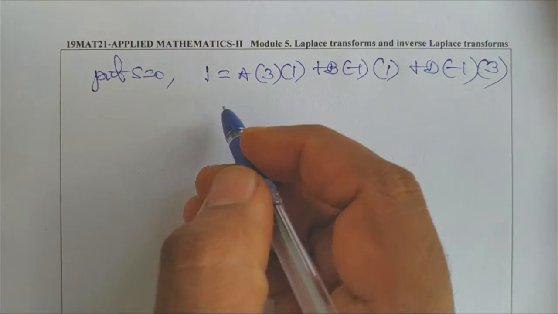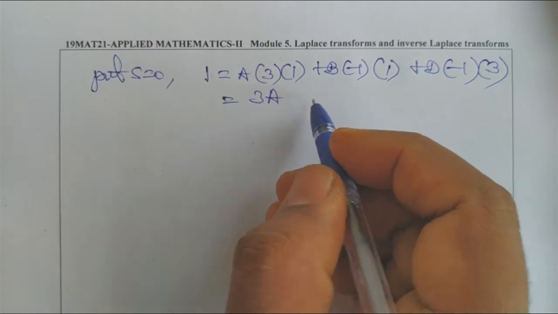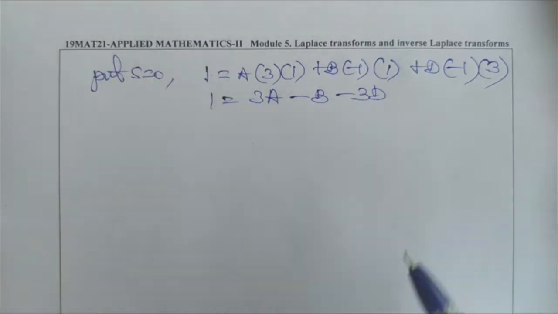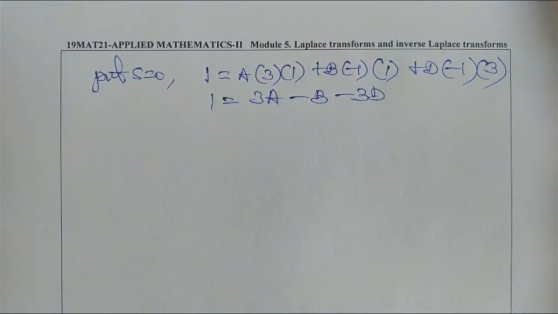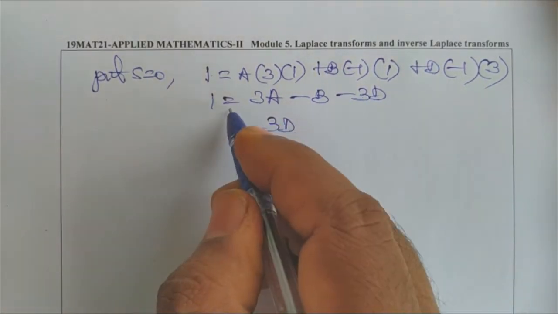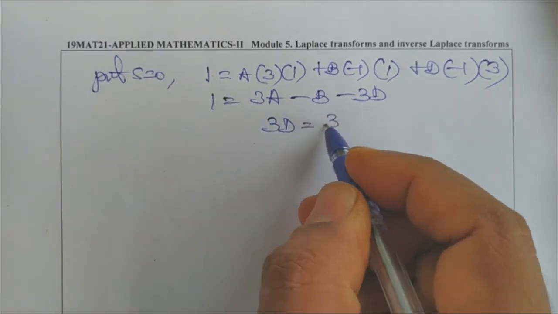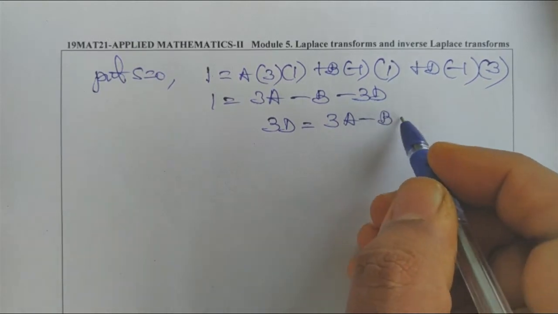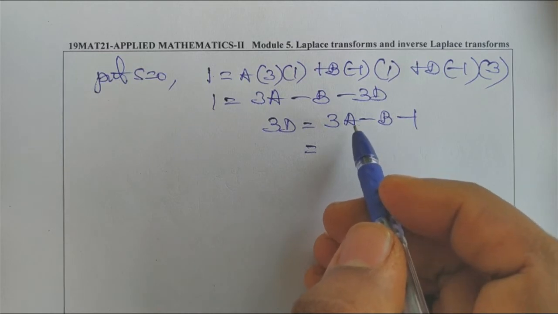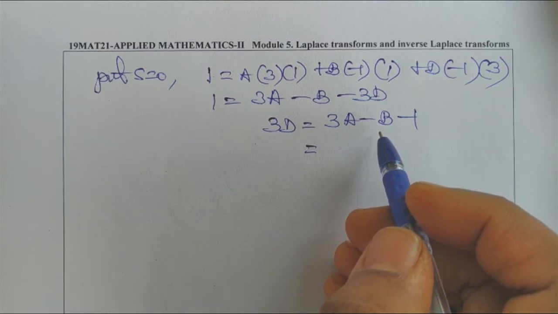So 3D is equal to 3A − B − 1. You know the A value, you know the B value, so substitute. The A value is 1 by 8, so 3 by 8, and the B value is −1 by 40, so plus 1 by 40.